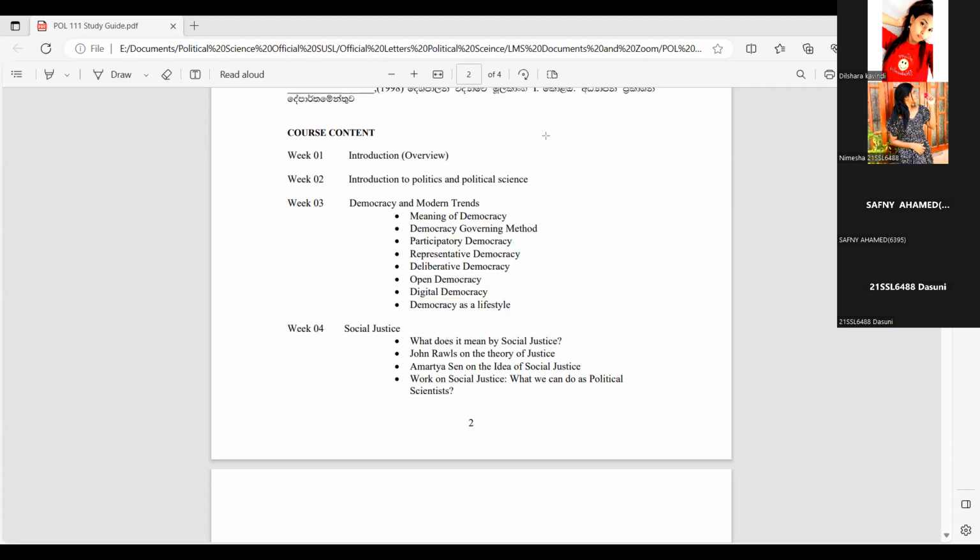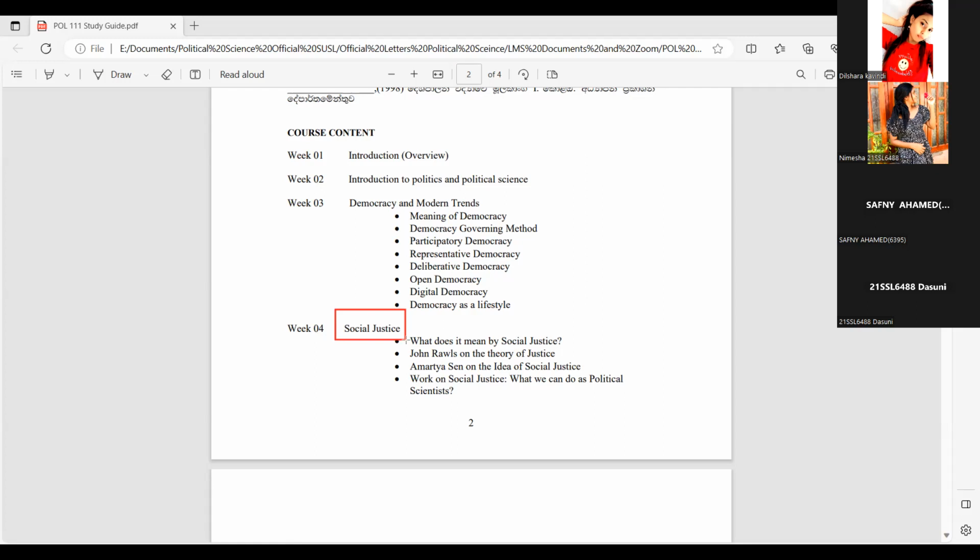Then again, social justice. Another topic, right? From our history, we know about social justice, what is justice, and also social justice. Then after, in 1970, John Rawls wrote a book on the concept of justice. Then after, Amartya Sen's The Idea of Justice, right?